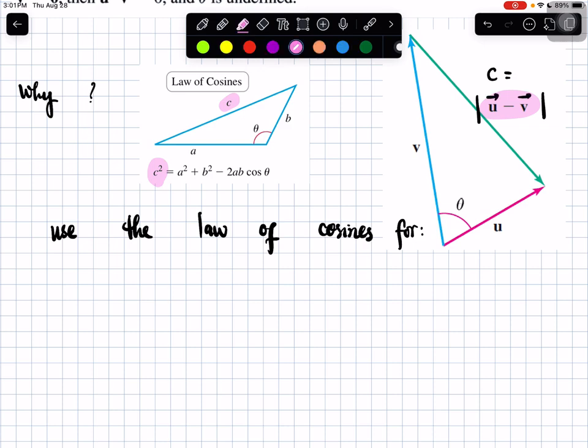We use a for the length of u or v, and b for the length of the other one.